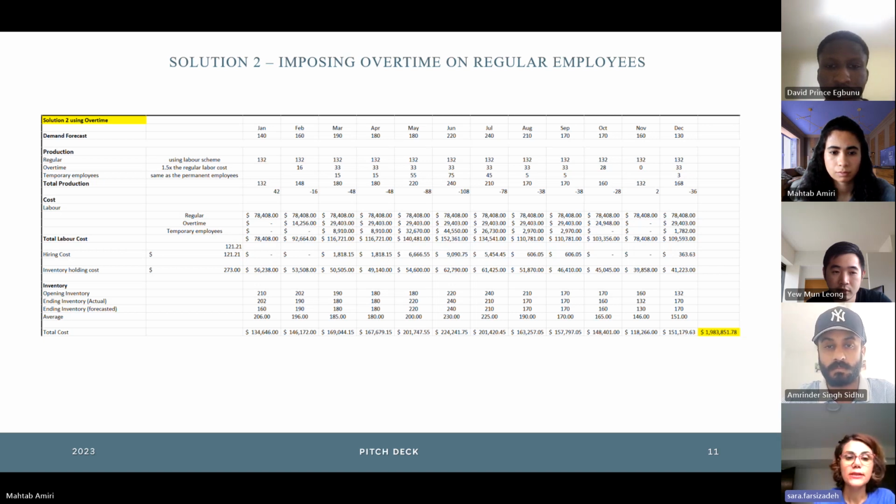The solution aims to ensure that the actual and forecasted inventories are kept in balance, and the total cost for this solution would be $1,983,851.78. Solution 3 will be explained by my colleague.